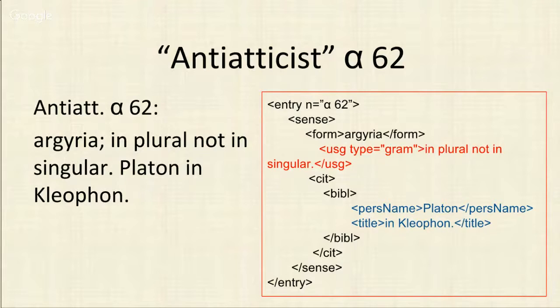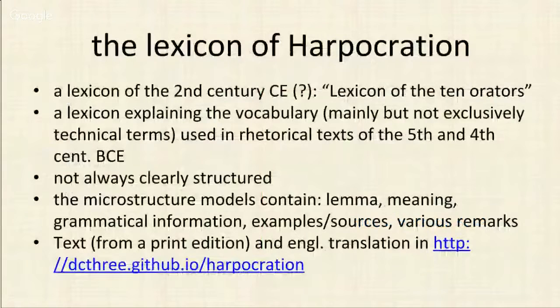In a bibliographical element, we have the personal name Plato, and then the title in Cleophon. If we annotate in that way, of course, we get access to much more information than if we annotate only using the bibliographical element. Let's go to the next dictionary now.